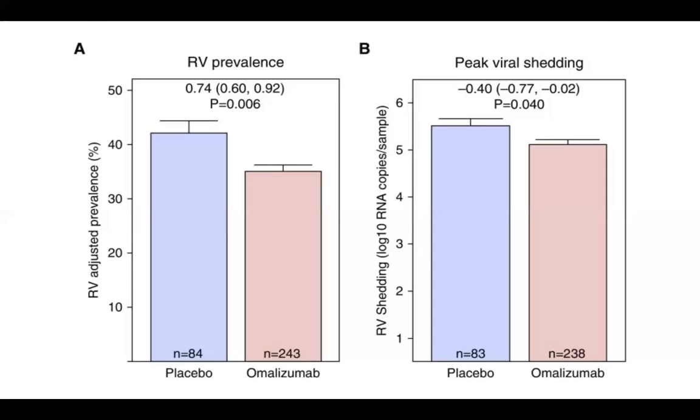And then on the right, we show that it also decreased the number of individuals who had peak viral shedding, which is when, even if you don't have any symptoms, it's whether or not the virus is detected in the mucus samples that you gave.